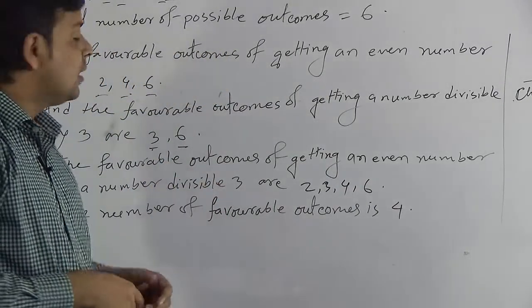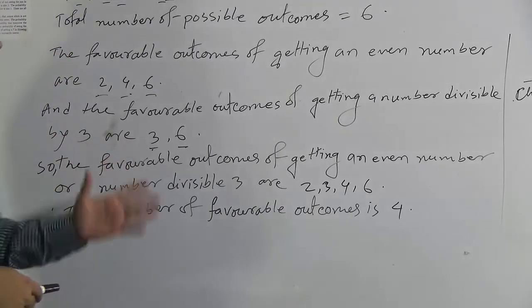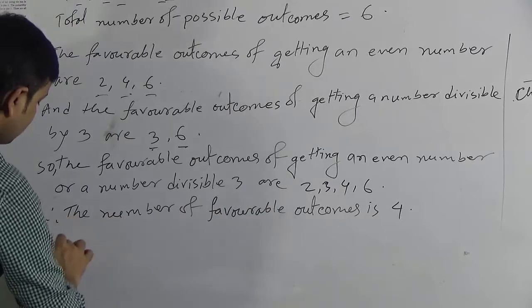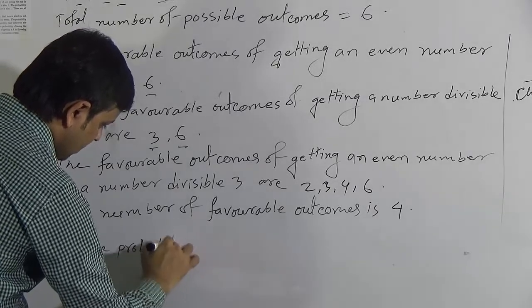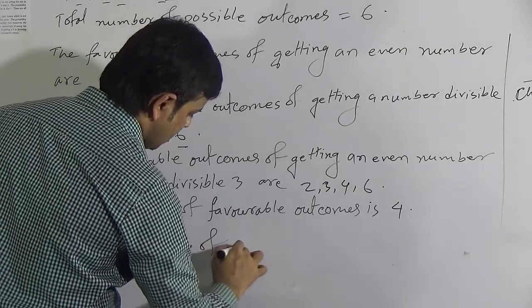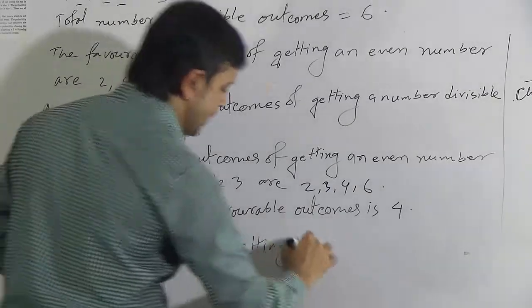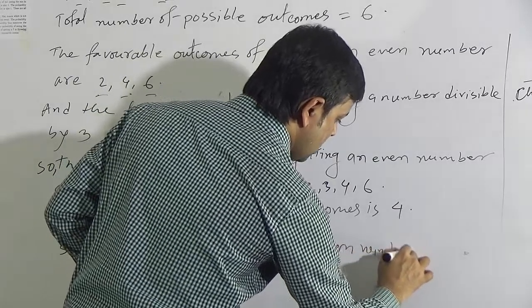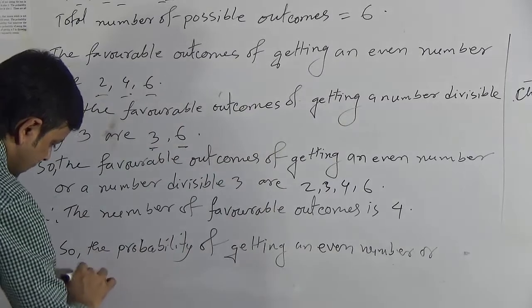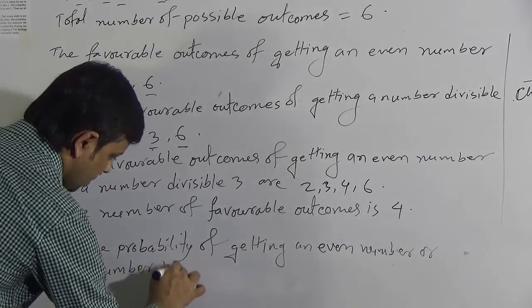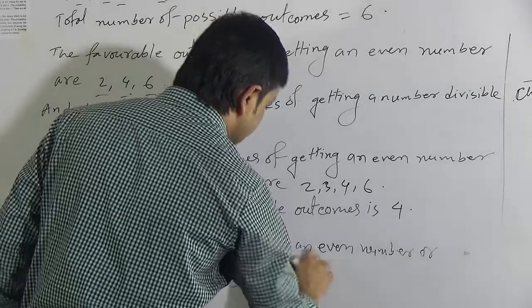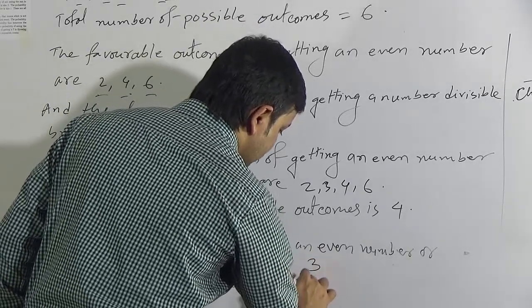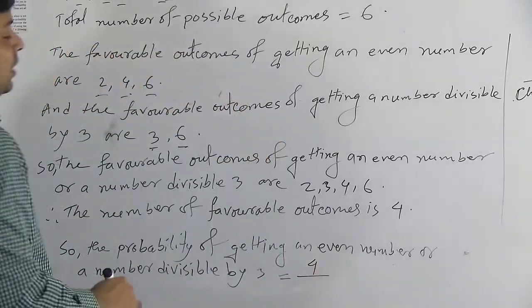So the probability of getting an even number or a number divisible by 3 will be equal to the number of favorable outcomes in the numerator and the total number of outcomes in the denominator, that is 4 by 6.